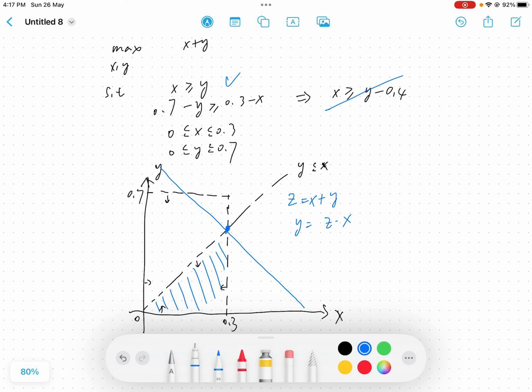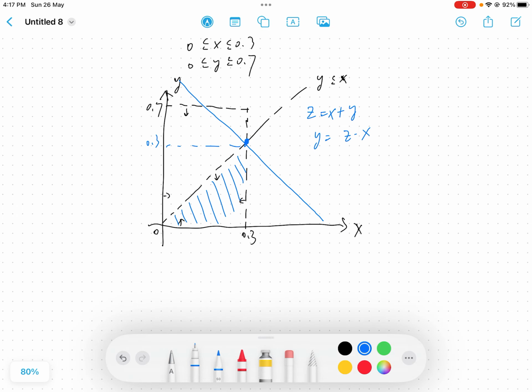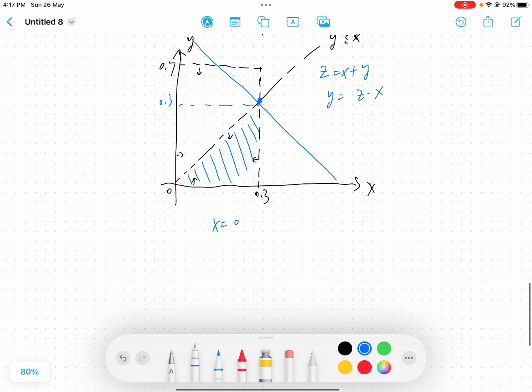So here, correspondingly, this y has a level of 0.3 as well. And recall that we have already solved this persuasion problem multiple times, and this x is 0.3, y is 0.3.